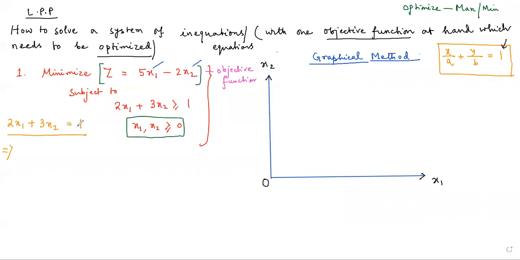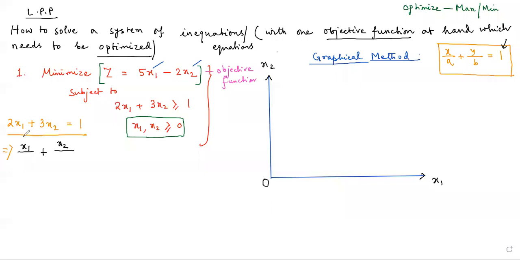So what we need to do, we have to bring it into something like x1 by something and x2 by something. So we need to write it as x1 by something so that it takes the form of x by a, and x2 by something so that it takes the form y by b.